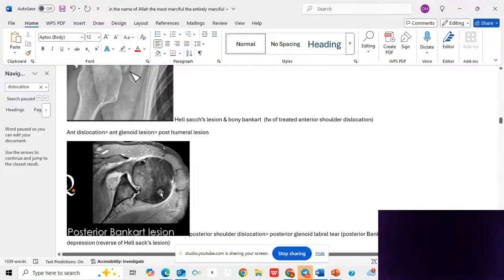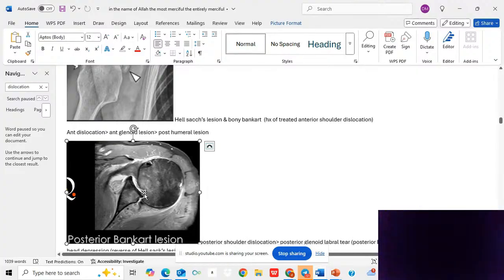Okay, so here there is a posterior shoulder dislocation with anteromedial humeral head depression, called reverse Hill-Sachs lesion, with a posterior glenoid labral tear, as you can see here. This black thing is torn and separated from the glenoid.